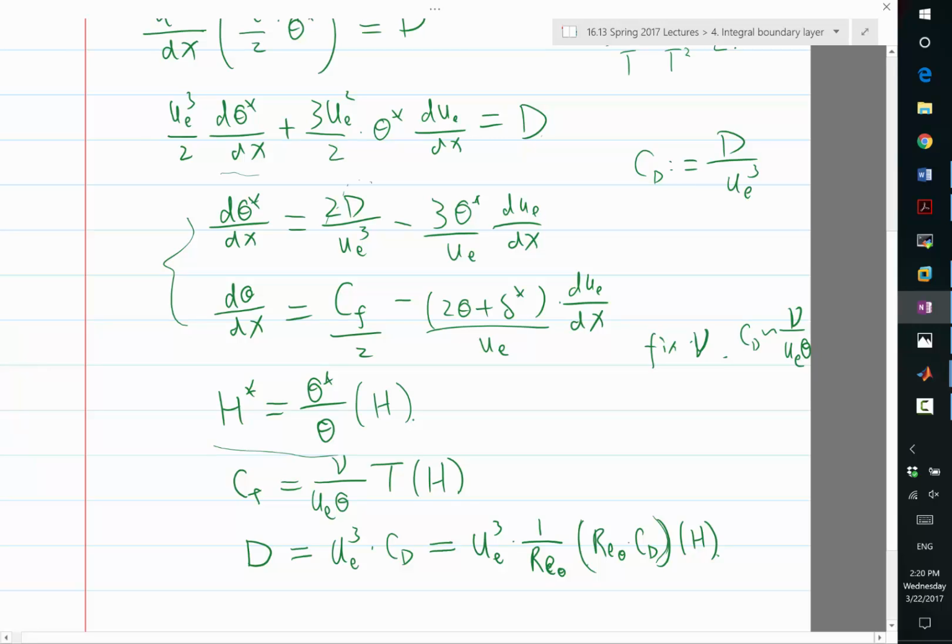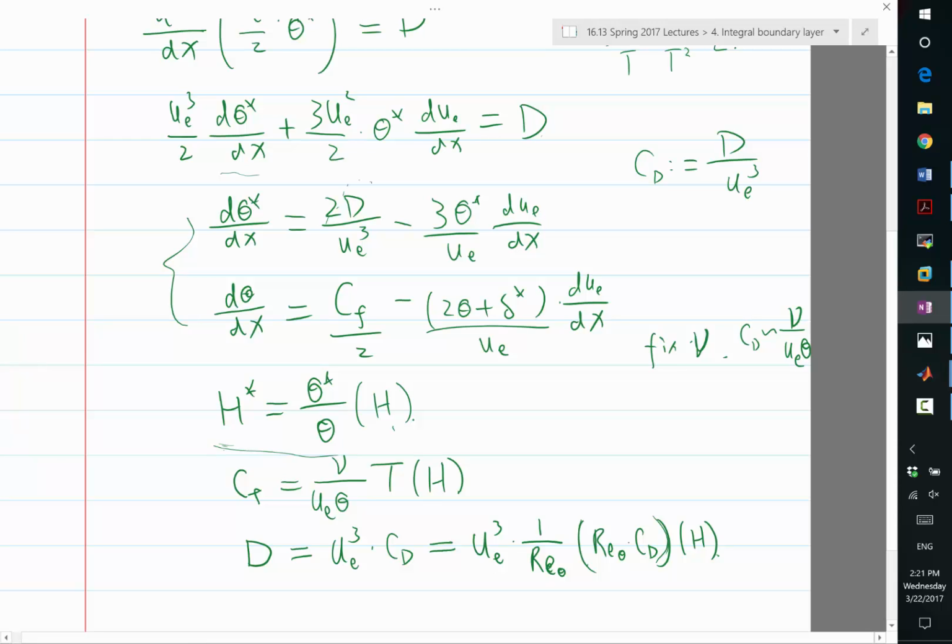So basically the method would be solving for theta and solving for either theta star or the ratio between theta star and theta, which is basically H star, by combining these two equations.